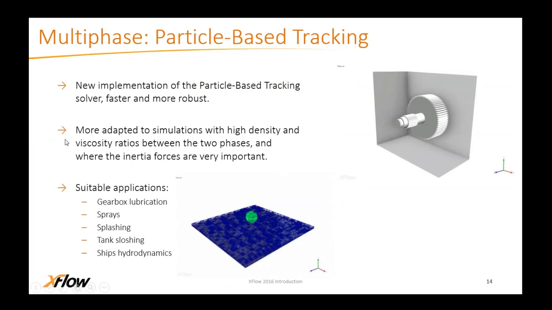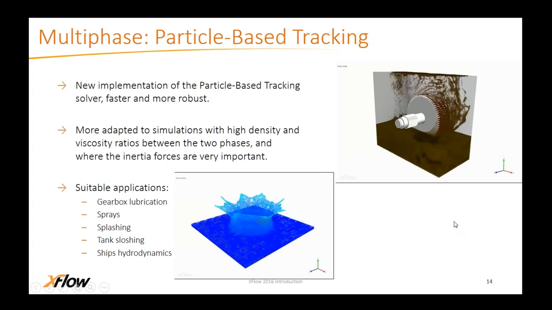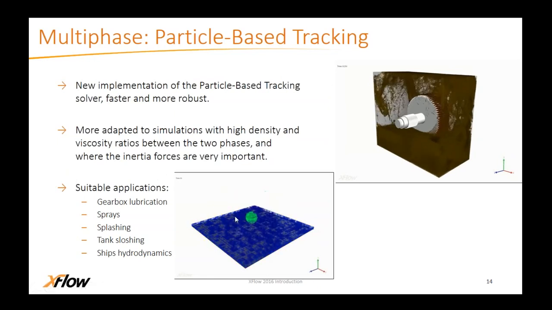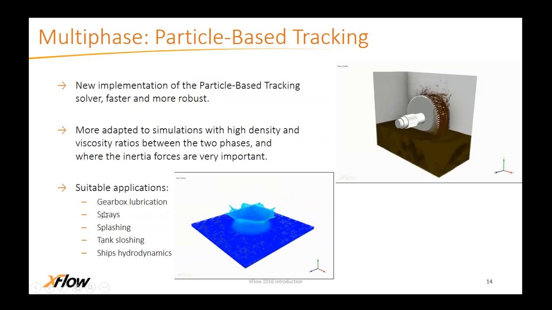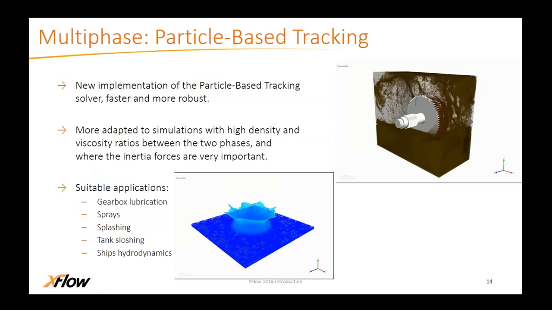First of all, the multi-phase particle-based tracking. This is a new multi-phase solver that we developed. It's much faster and much more robust. It allows you to compute basically two fluids, one liquid and one gas, or liquid-liquid, or gas-gas, but in a much more robust way than in our previous implementations.